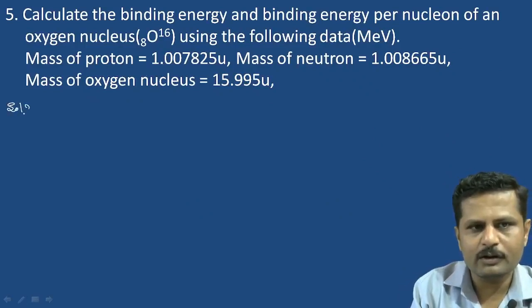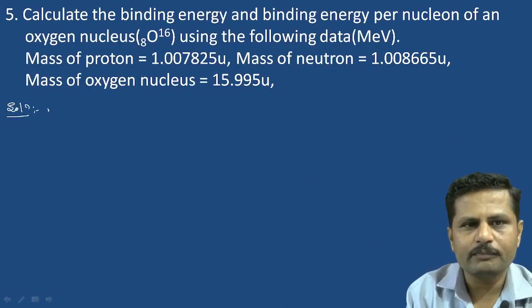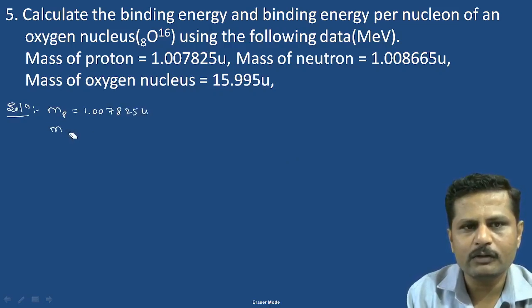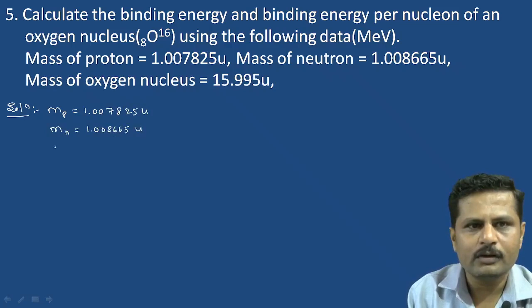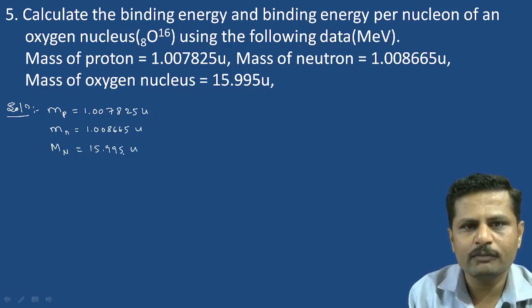Mass of the proton equals 1.007825 u, mass of the neutron equals 1.008665 u, and mass of the oxygen nucleus equals 15.995 u.